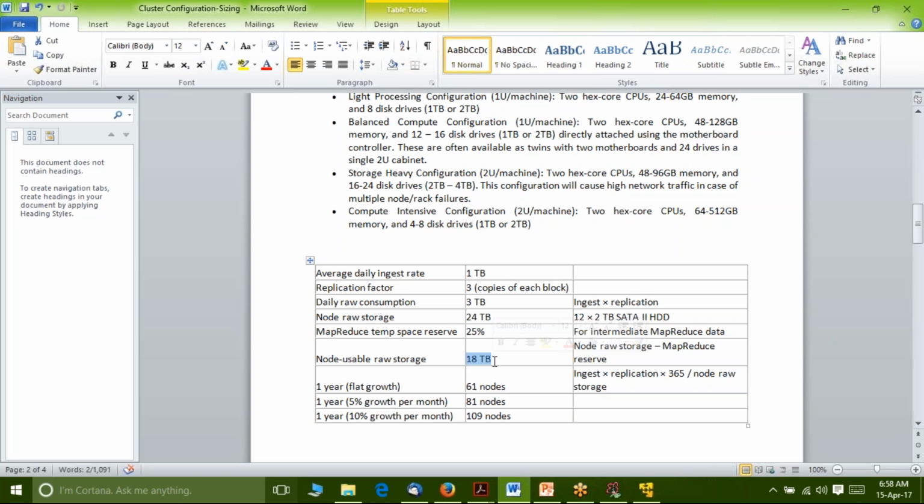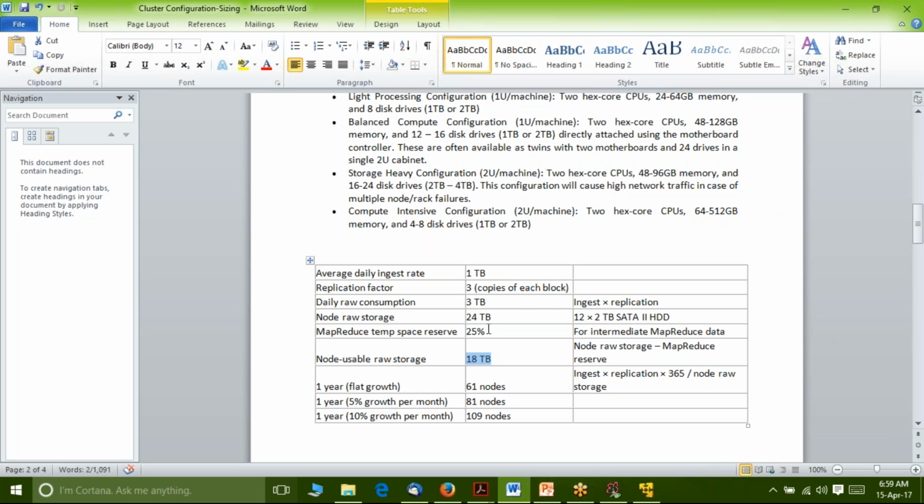That was just calculated based on 1 TB per day. What is the daily consumption? 3 TB only, right? Not 18 TB. So 18 TB is my node capacity, I mean usable node capacity.